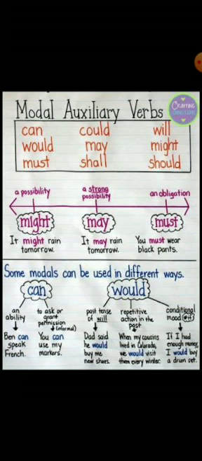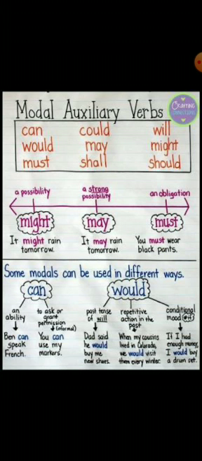For example, I am used to eating this since childhood. Means when I was a child, I used to do this thing. I was habitual of doing this thing again and again when I was a child. The meaning of this sentence.